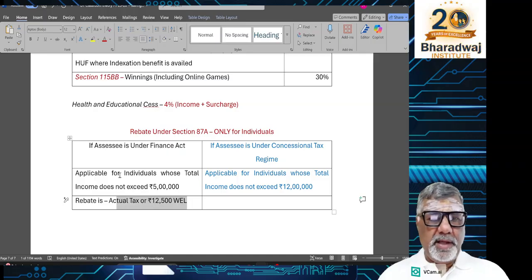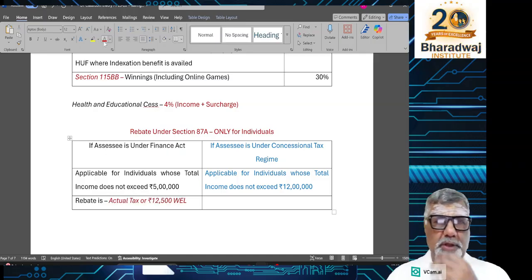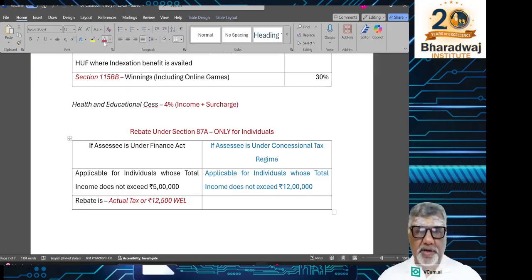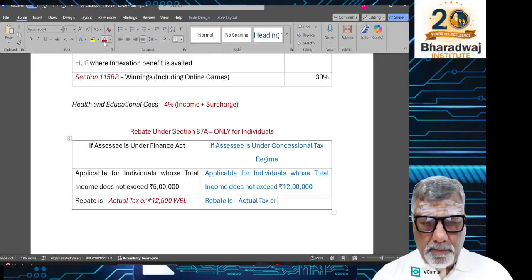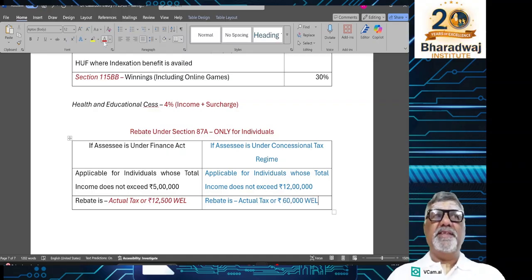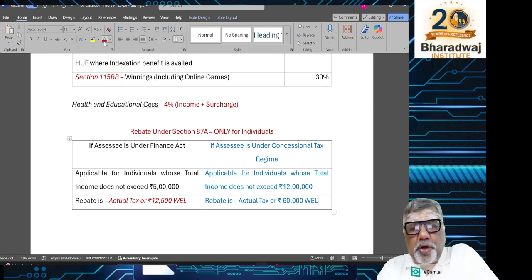And under the other regime, actual tax or rupees 60,000, whichever is less. That's why I said that 60,000 gets an importance there, because I am going to give rebate up to that level.